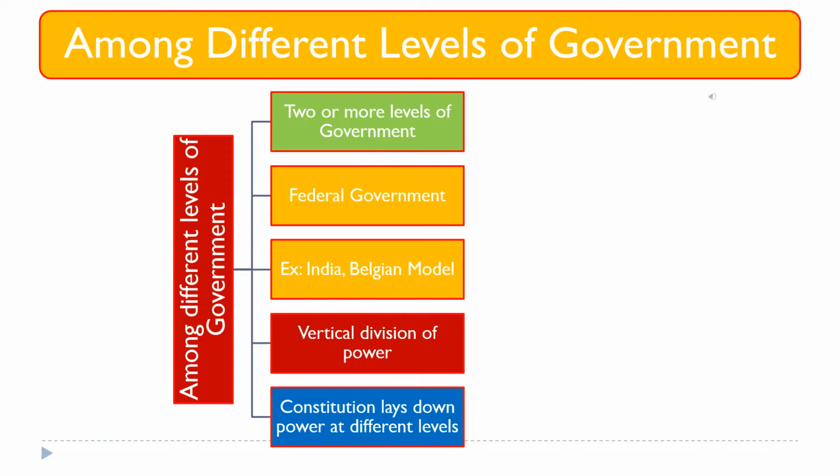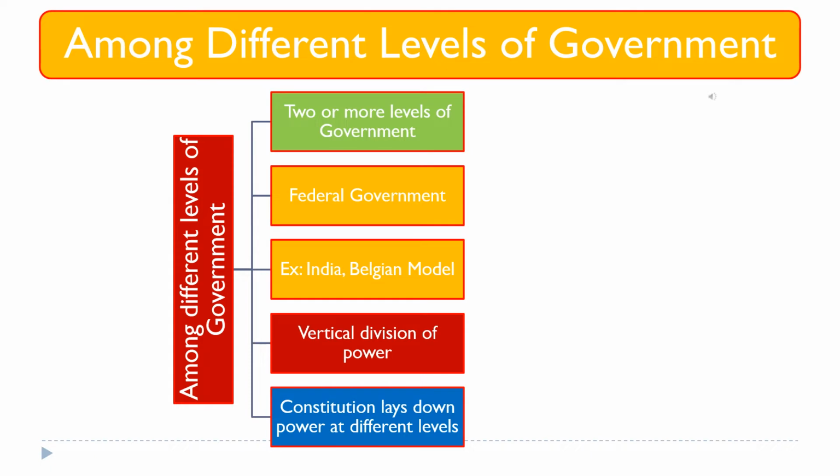We have a very good example of community government of Belgium. I believe you remember that it had central government, state government, then capital government, and also community government. And this is called vertical division of power because it is going from top to bottom.